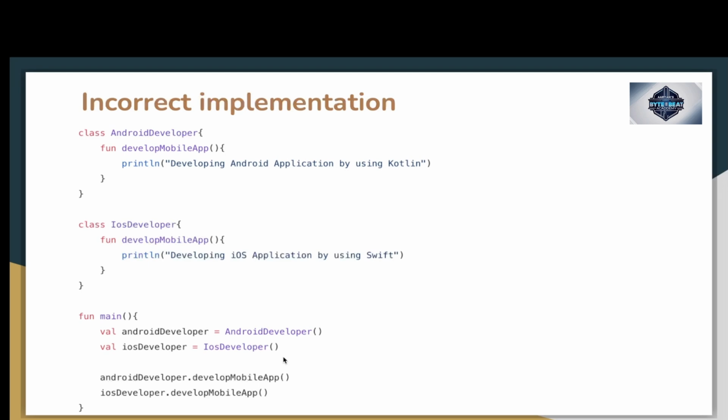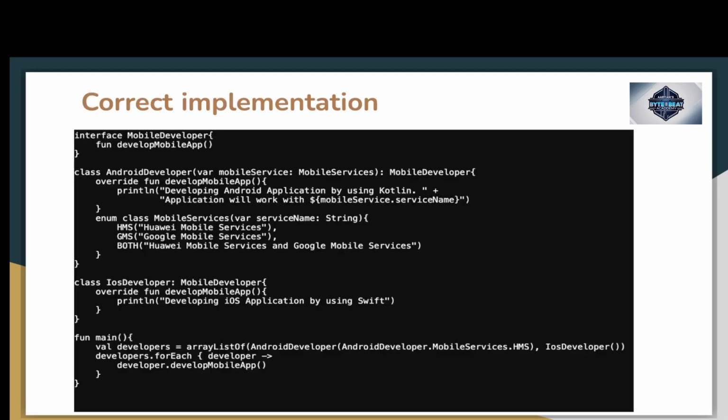So what is the solution for that? To fix this problem, we can create an interface. The Android developer and iOS developer classes will implement this interface. So let's move to the correct implementation.